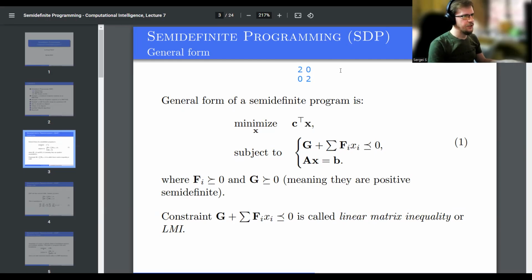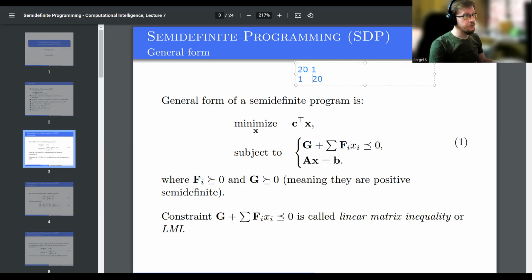Then if F is something like this, then we can choose X to be equal to, let's say, -3, and we get negative semi-definite as a result, right? That makes sense. If on the other hand it was something like this, I'm not sure. This should be positive semi-definite, sure, but let's just make it like this.